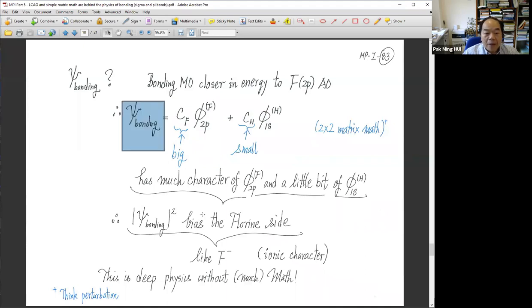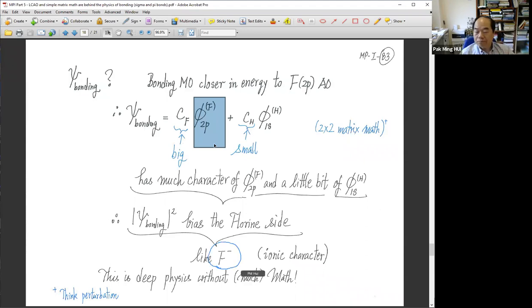Okay, you multiply the whole thing out, you will have 4 terms, but there is one dominating term because that is a big coefficient. You multiply into it, electron 1 will be in the fluorine 2p, electron 2 will be in the fluorine 2p. You have more chance to find both electrons on the fluorine side. That is forming a fluorine minus ion.